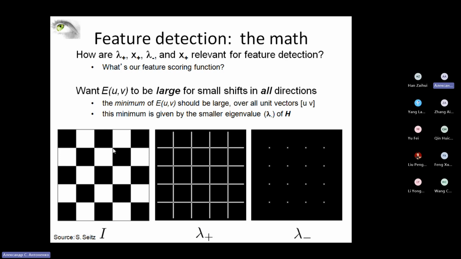But if we take a corner, then in both directions we have a change of this image. If we take this sliding window and shift it up, down, left, right, then we will experience a rapid change. So only at these points do we experience a large value of lambda minus.